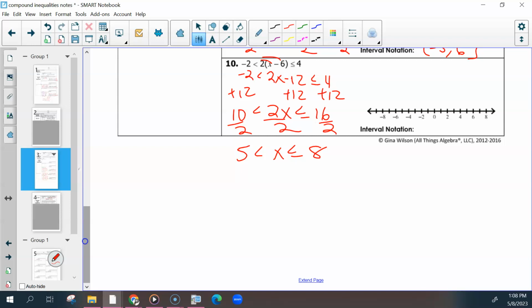So when you graph it and write the interval notation, it'll look the same as the one we just did. Questions on that?